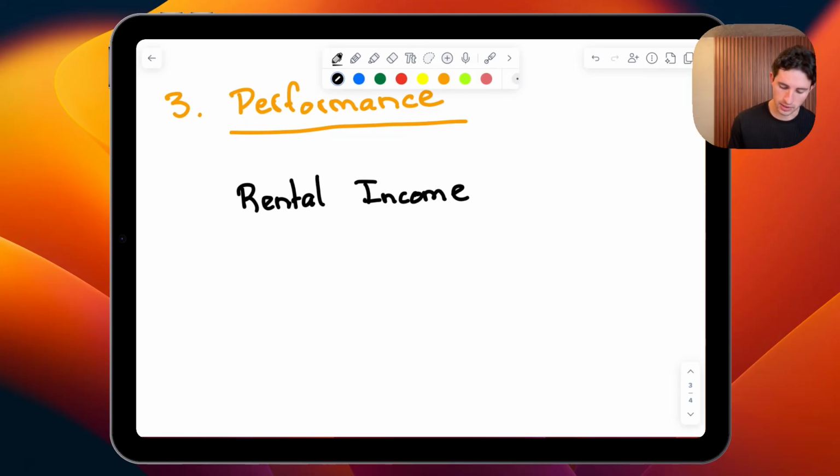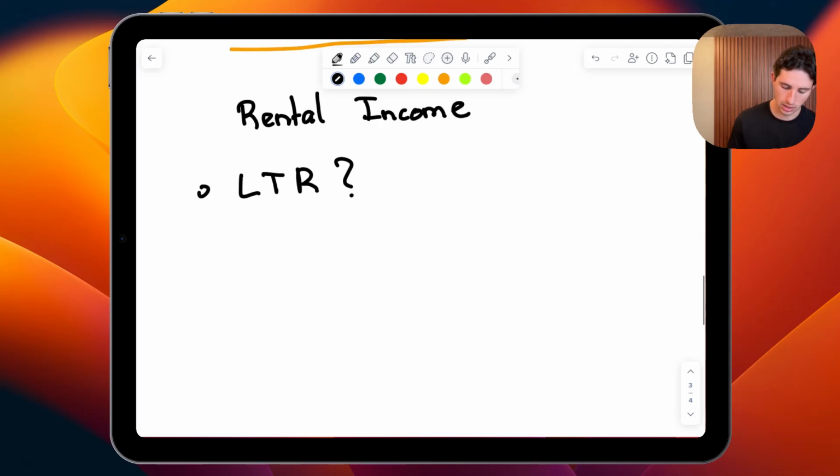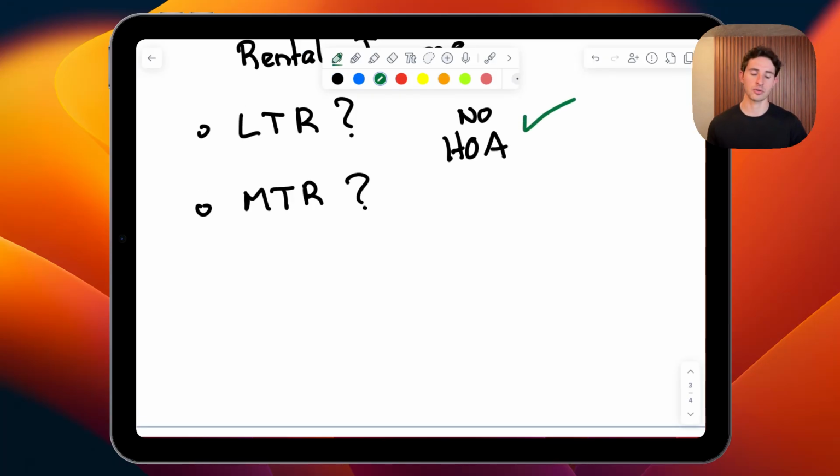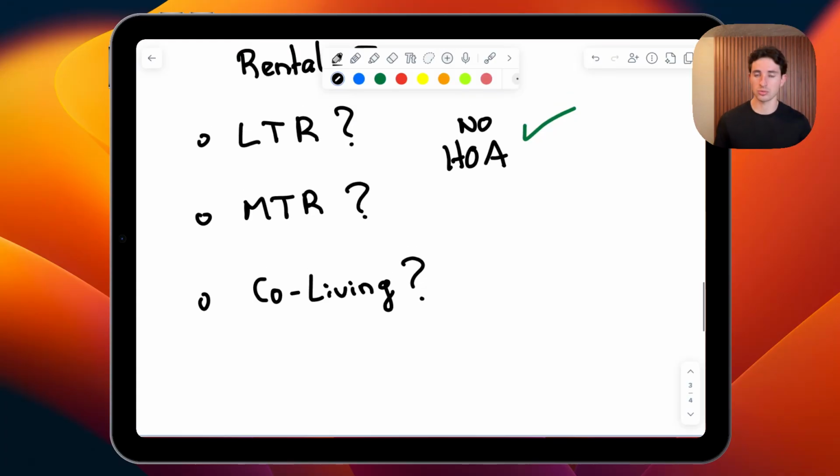Check first how is it as a long-term rental, how is it as a mid-term rental. Also, you need to check, is there any HOA? If not, no HOA, perfect, because it allows you to do other types of rental. Long-term rental, mid-term rental. Hey, what about co-living, renting by the room? How many bedrooms can I add? And bathrooms. So you just reverse engineer.